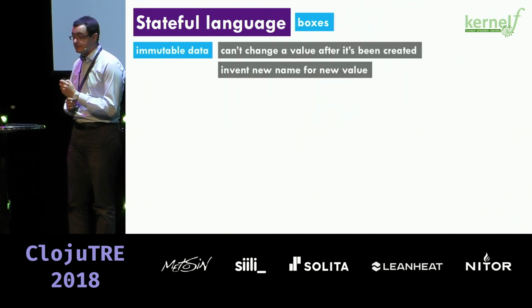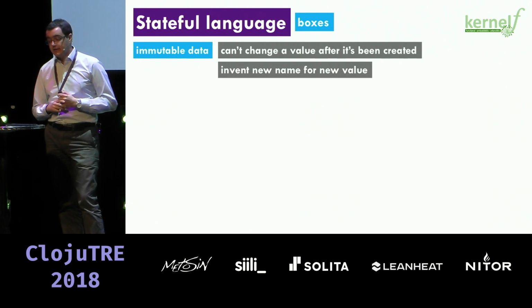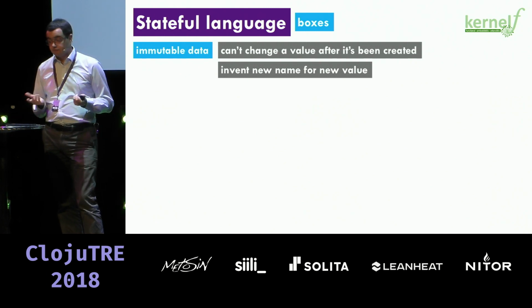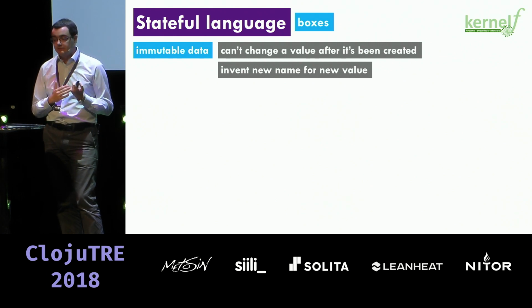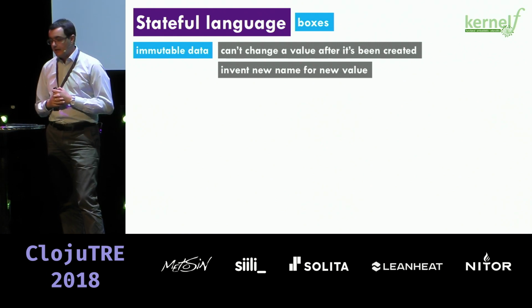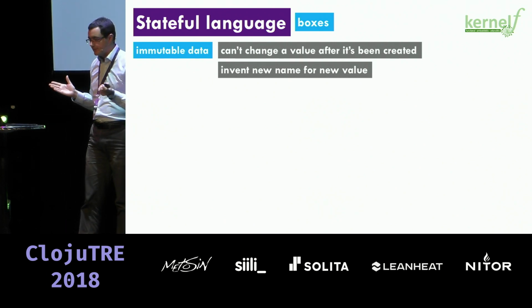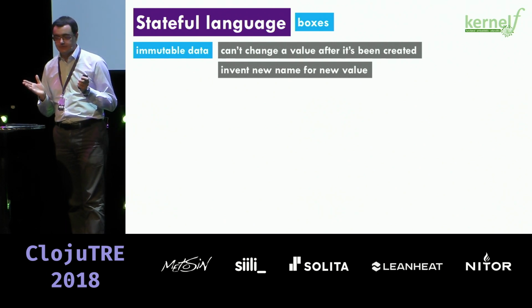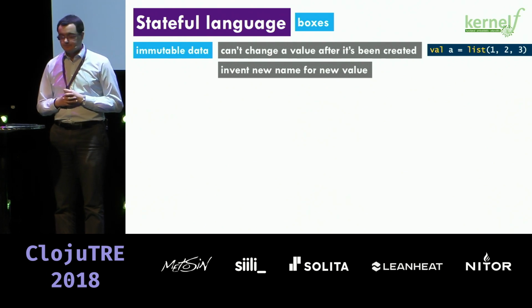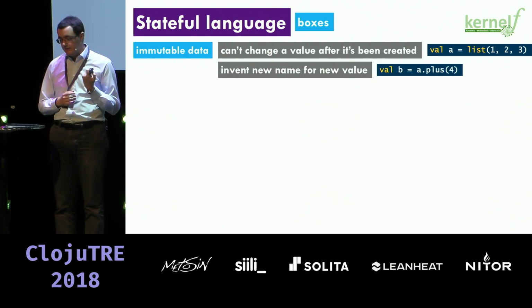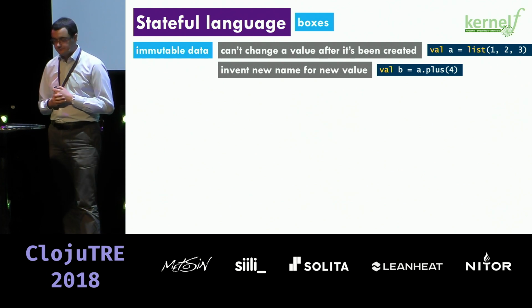When you have immutable data, you can't change any value after its creation. If you want to change that value, you will have to create a new temporary name to hold the new value. Assume you have a list of 3 integers, and you want to add a 4th element to it. So you have a value A with the original list, and you introduce a new value B that holds the new list.